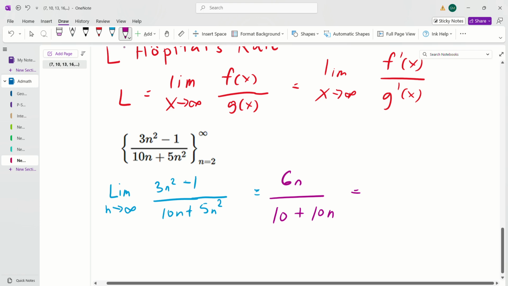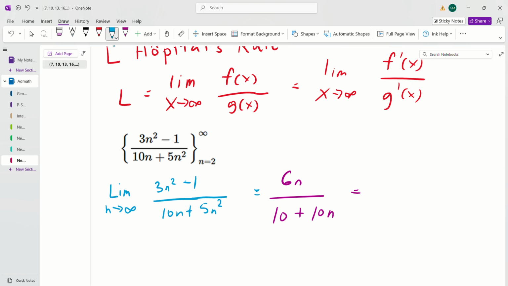Next, let's differentiate it again. You can differentiate it continuously as long as you obtain the limit. Let's differentiate the numerator again, so that is 6.